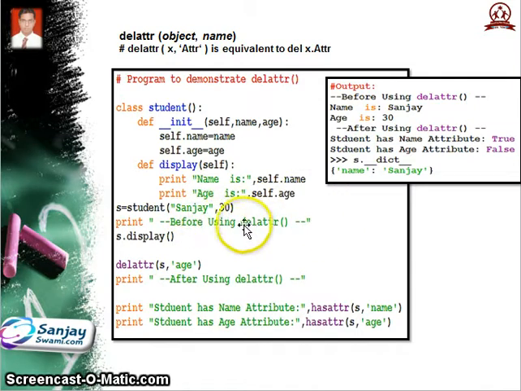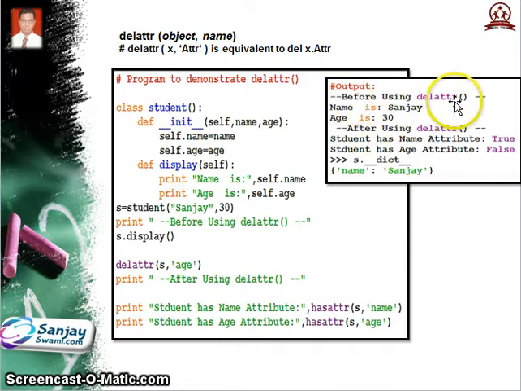So Sanjay is given to name and 30 is given to age. Here we have used s.display to display the contents of name and age. Now we have used delattr(s, age). That means we would like to remove, or delete, the attribute age with respect to this particular object. Now see the output.